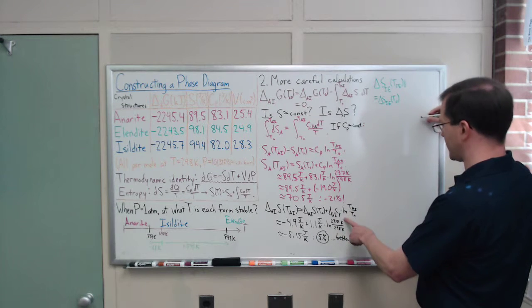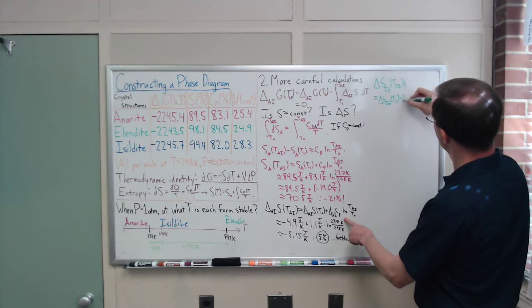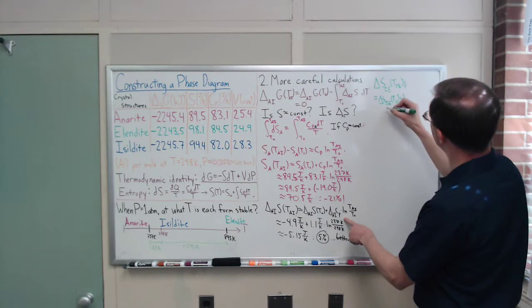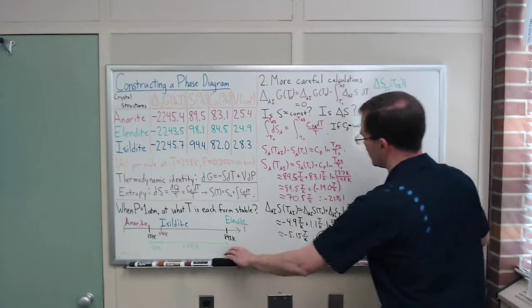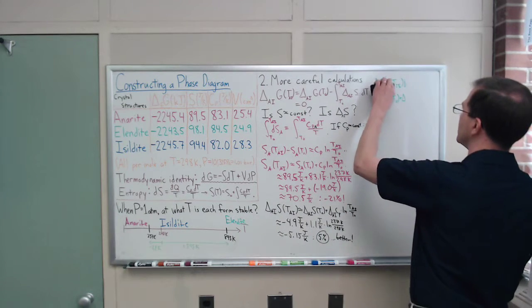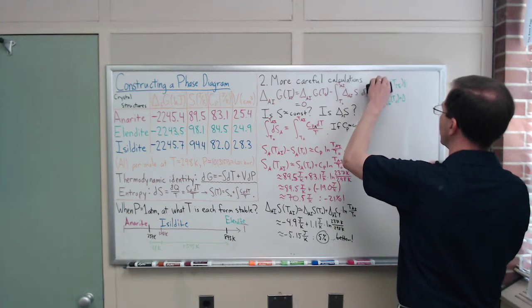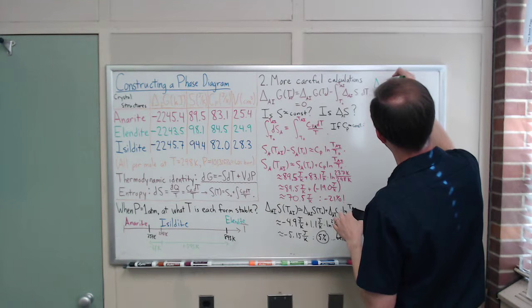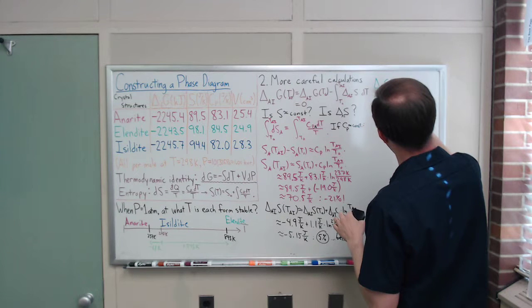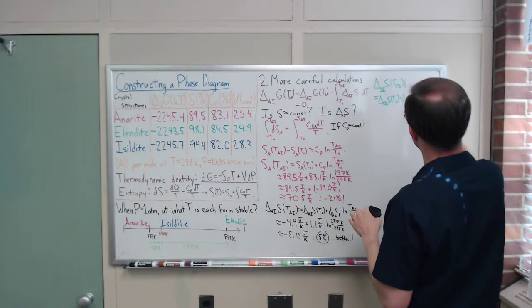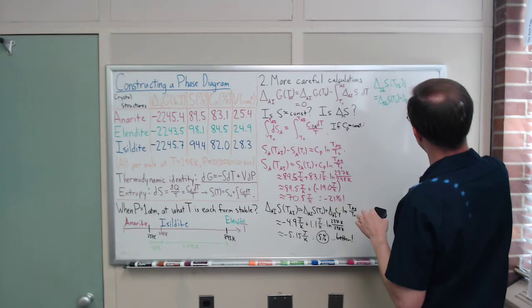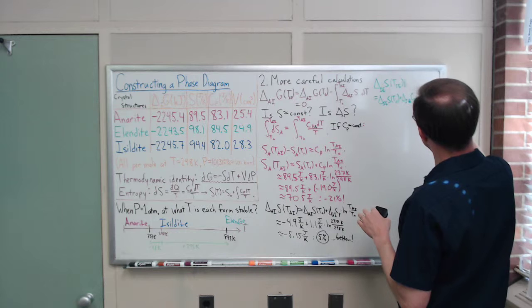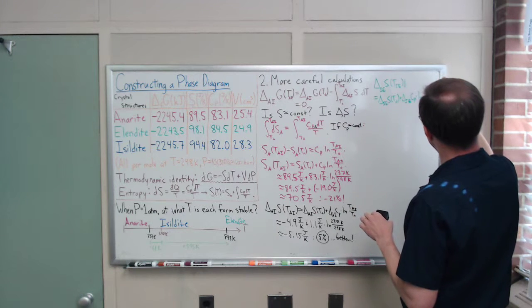And then I'm going to use the same thing, plus delta, oh yeah, I'm using the wrong notation. I've got to be consistent. My IE change in S at T naught, plus the IE change in Cp, times the natural log of T IE over T naught.